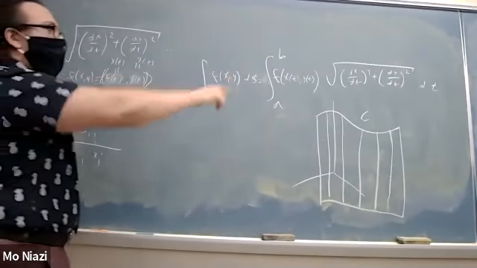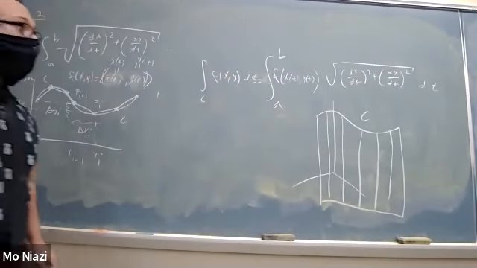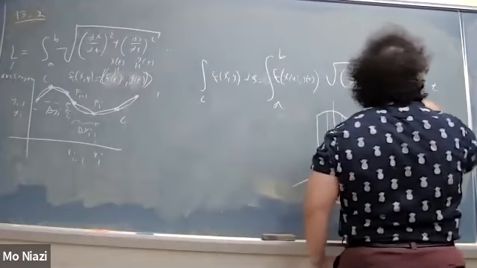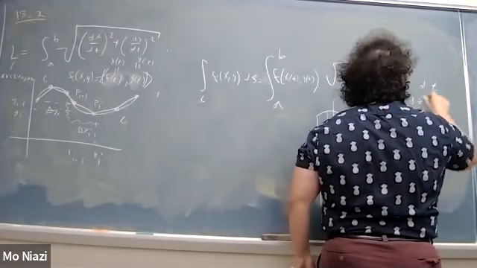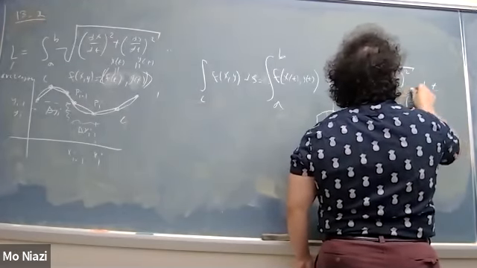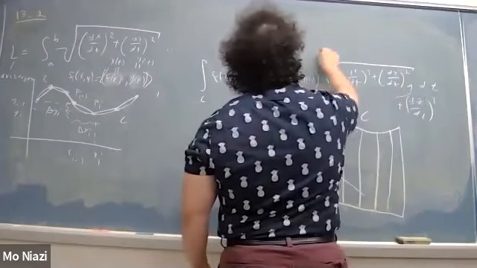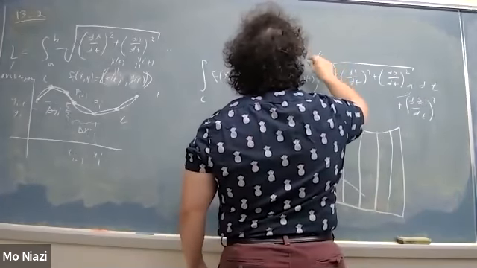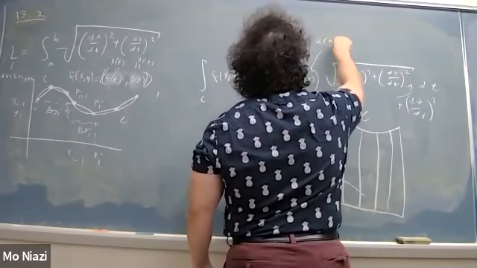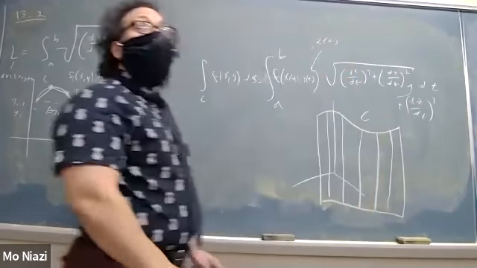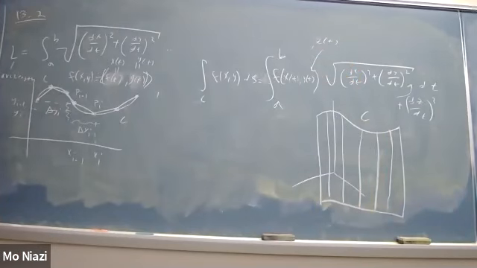What we have highlighted here is only the 2-dimensional analog. The 3-dimensional analog will have a dz/dt squared over here, plus, and it will have x, y, and z of t over here. This is easy to generalize.